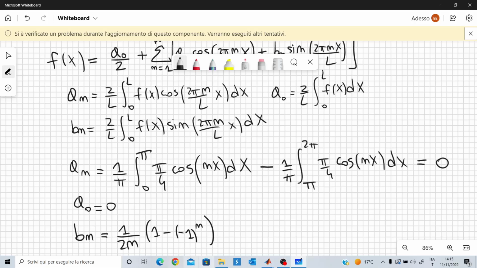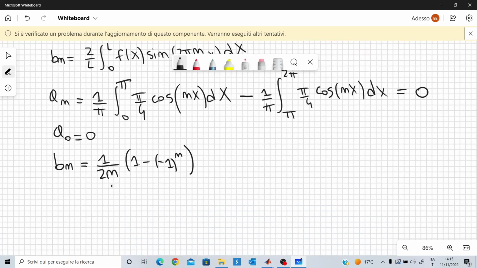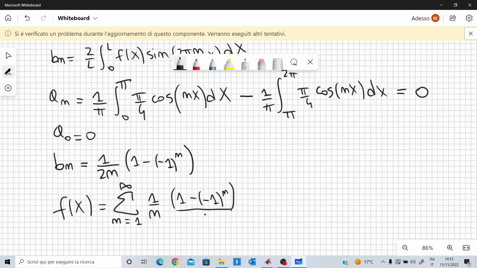So you can write the Fourier series f of x is equal to summation with the index n going from 1 to infinity, and then you get 1 over n, 1 minus (-1) to the n, divided by 2, sine of nx, like this.